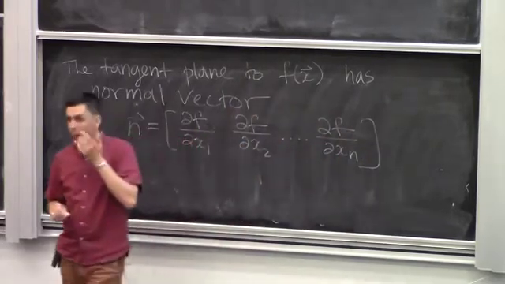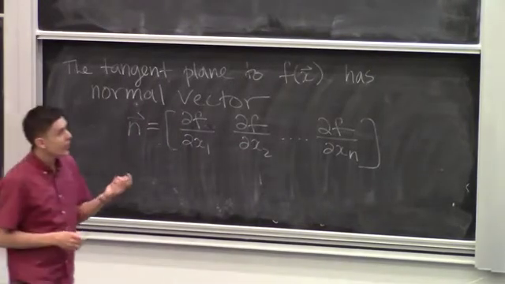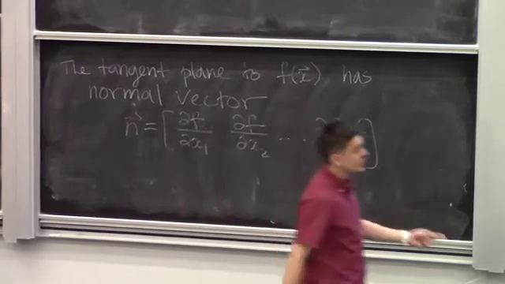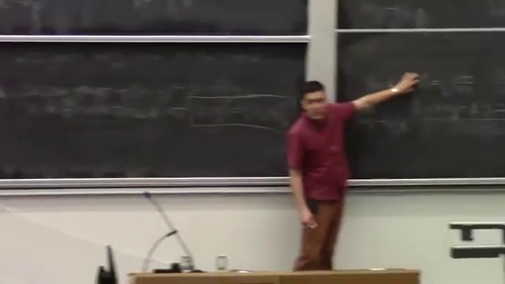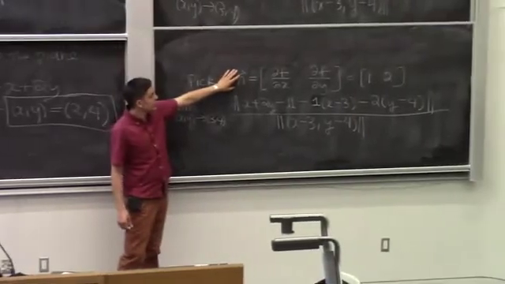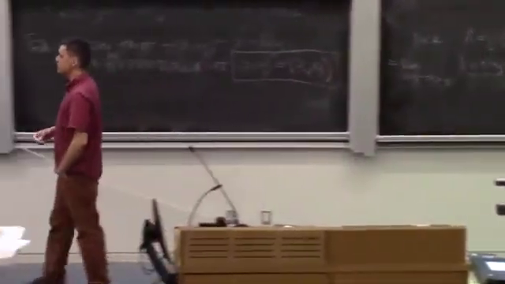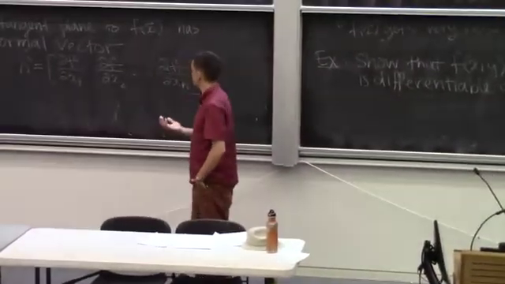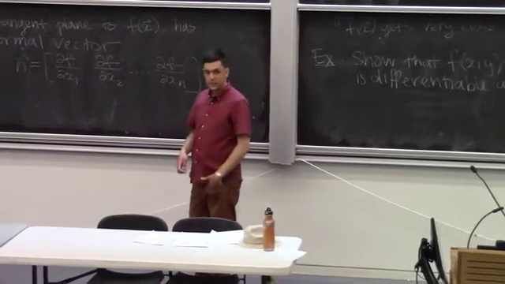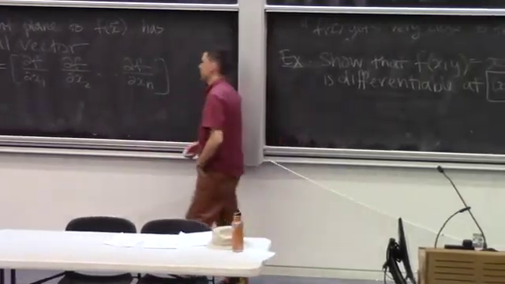So in this example, we chose our normal vector to have the same slopes as our function. So we said our normal vector will have the same derivatives as our function. This is generally true. It doesn't necessarily mean it's in 3 dimensions. This could be in Rn.